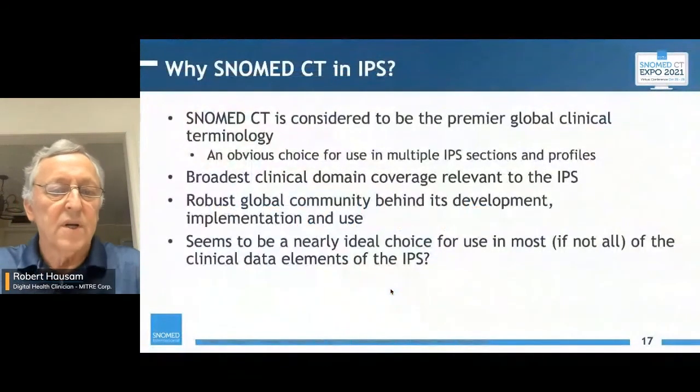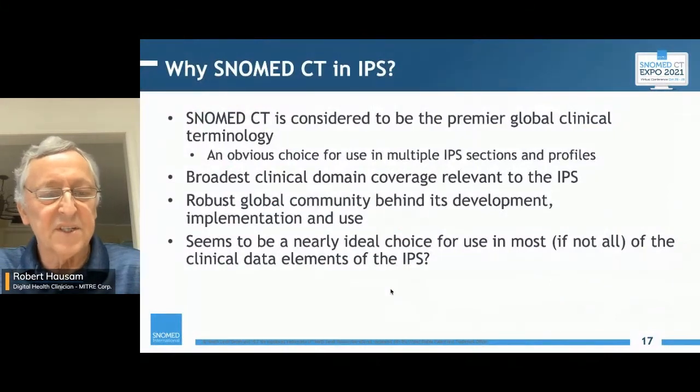And so given those principles that we just looked at, why would we choose SNOMED CT for IPS? I think most of the people in this audience would probably be able to appreciate this very readily. But SNOMED CT is generally considered to be the premier global clinical terminology.